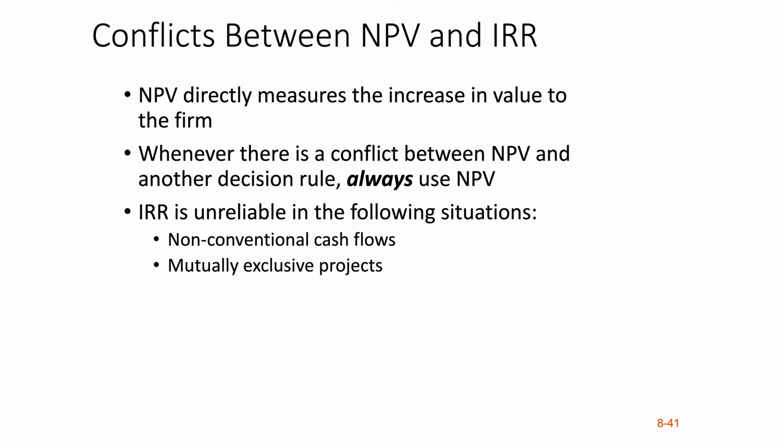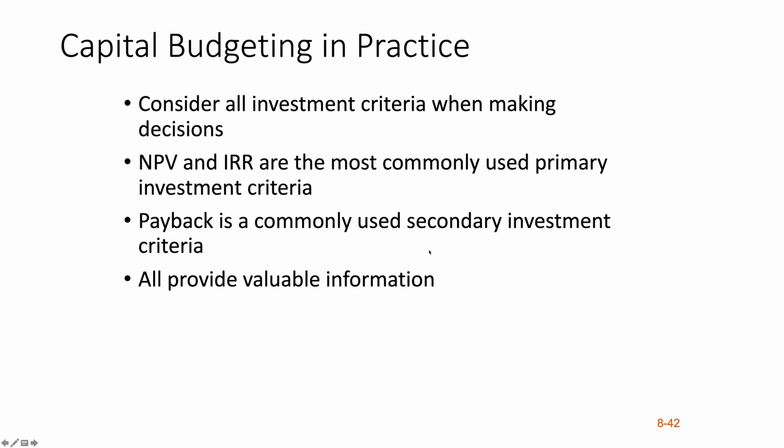Now let's briefly discuss capital budgeting techniques in practice. Most companies consider all investment criteria, including net present value, internal rate of return, payback period, and others like the profitability index. They just do all the calculations. NPV and IRR are the most commonly used primary investment criteria.